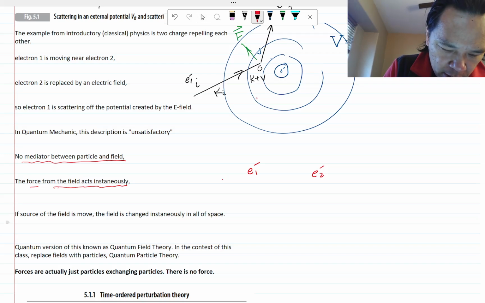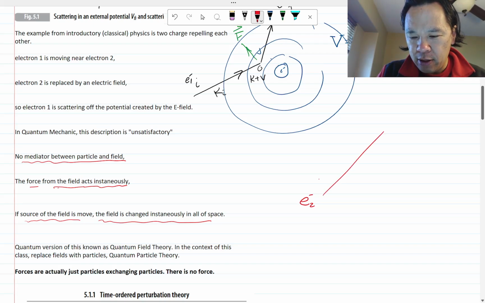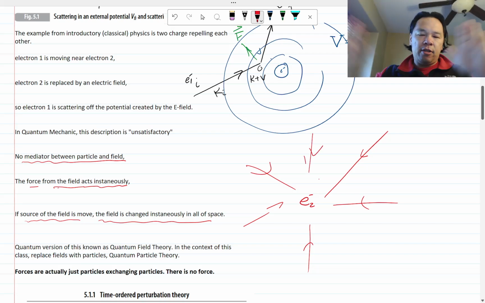Okay, and this is even more disturbing. If you put an electron somewhere in the universe, put E2 somewhere in the universe, this electric field, which is actually pointed the other way, affects the entire universe, effectively.